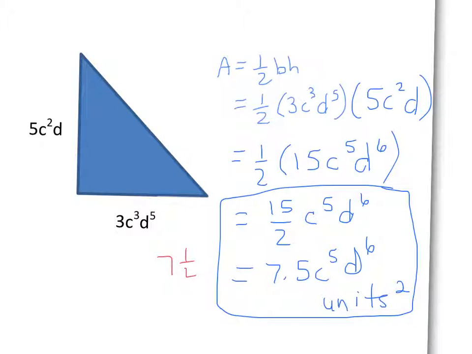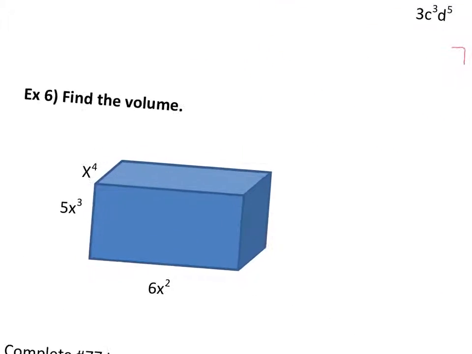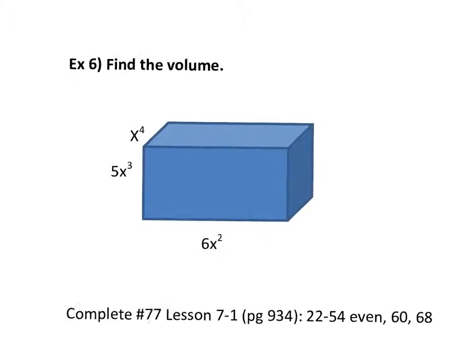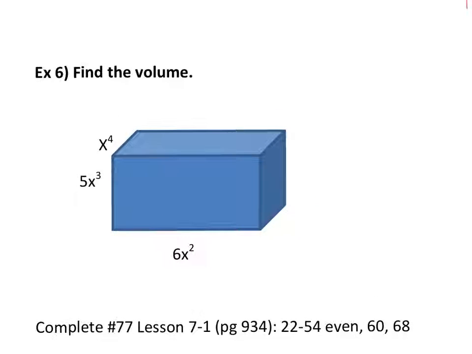Okay? All right, and the last one, find the volume. Okay, so volume of a box. We're going to have length times width times height. So we're basically just going to multiply these all up. Okay? So volume equals, I've got x to the 4th, 5x to the 3rd, and 6x squared.